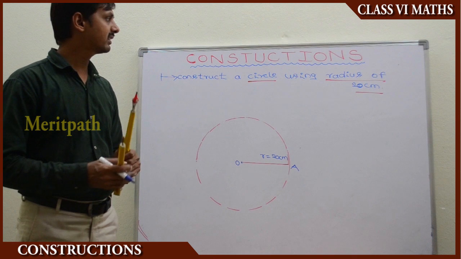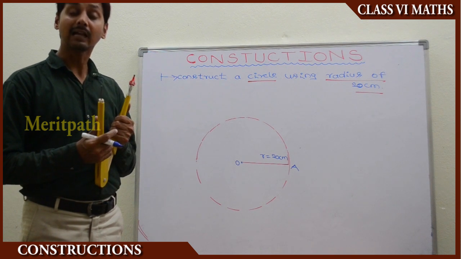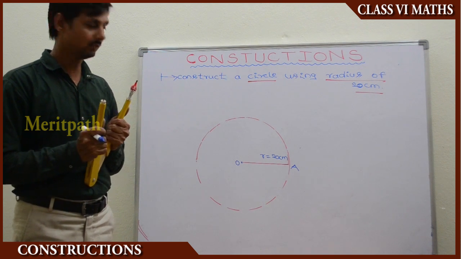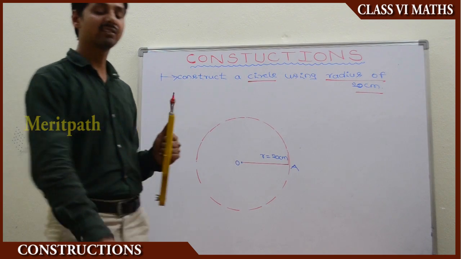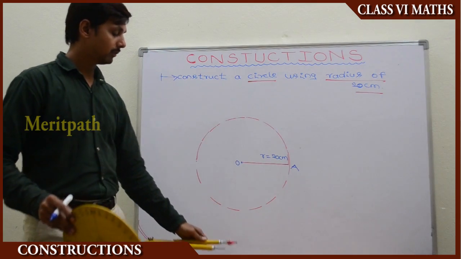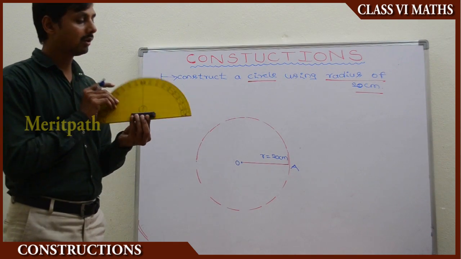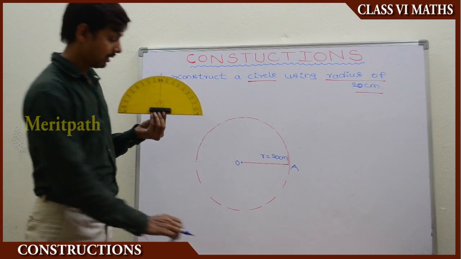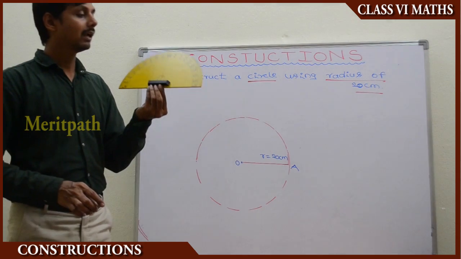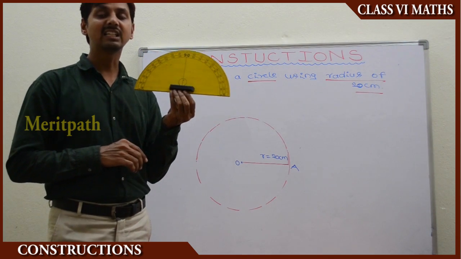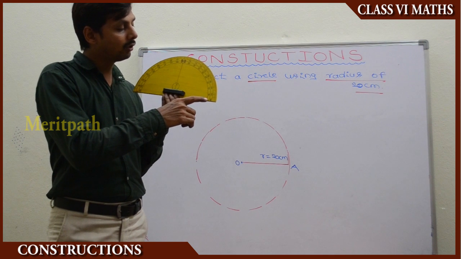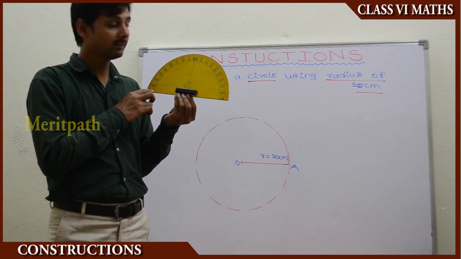Let's go to the next concept, constructing angles using a protractor. We have already discussed the protractor. This is an instrument called the protractor, and we can see 0 to 180 degrees on this, starting with 0 and ending with 180.